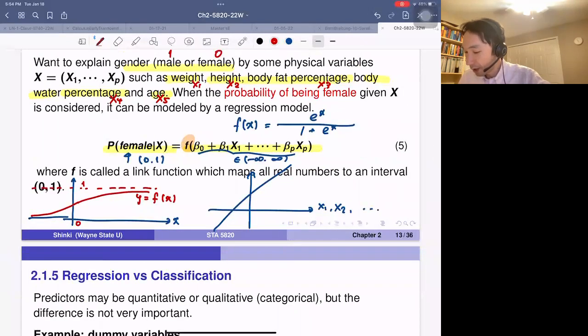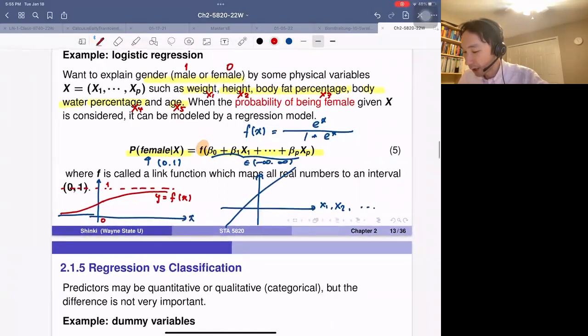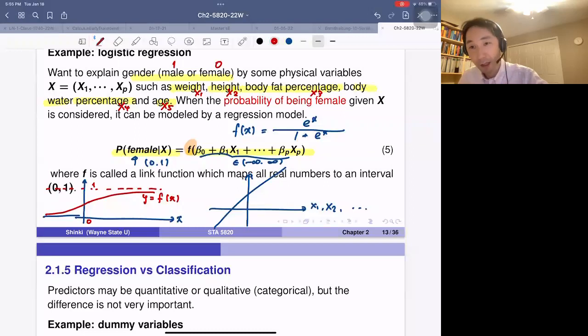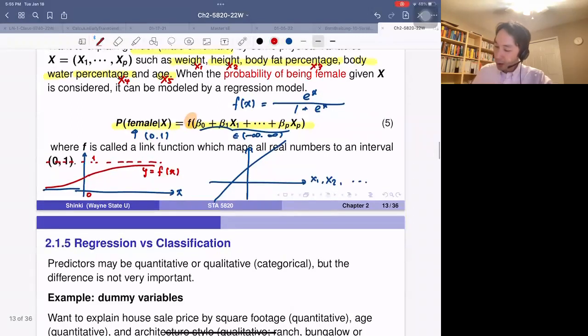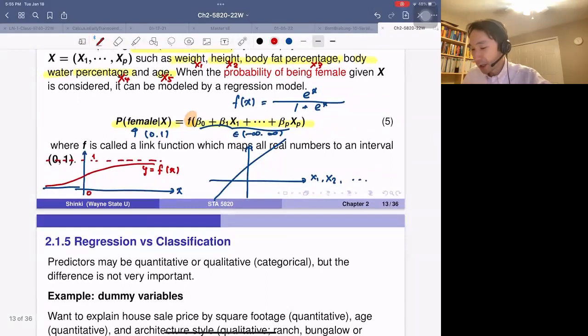In this way we can use the regression model for this categorization problem if we have only 2 categories. Even if we have 3 categories, maybe we can evaluate the probability for class A versus class B and class A versus class C. If we evaluate the 2 different probabilities, we can still do a similar thing.